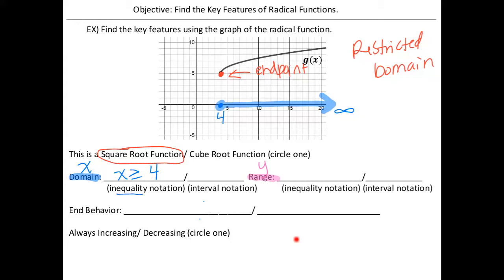Okay. Interval notation is when I use the brackets and the parentheses. So I look at the beginning of the interval to the end of the interval from left to right. So this is a 4 to infinity, and then a closed circle means I put a bracket, and for the infinity, I put a parenthesis. Okay, so I put a bracket starting at 4, and I go over to infinity, and with infinities, we always put a parenthesis.